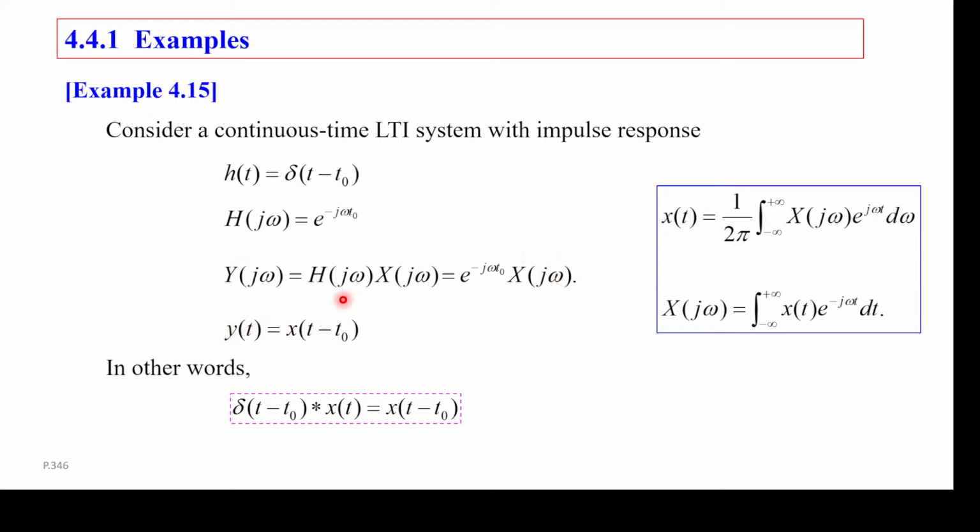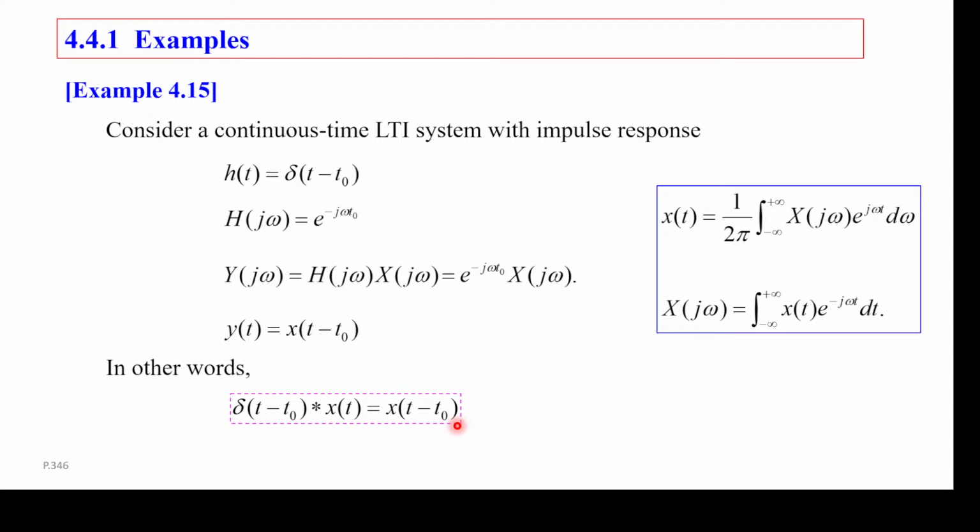Your y of t is just a time shift of your x by this amount t0. So we see that this frequency domain analysis is consistent, as expected, and this delta function gives you a time shift in your system. You can also just do the convolution, which will tell you that delta of t minus t0 gives you a time shift in your signal.